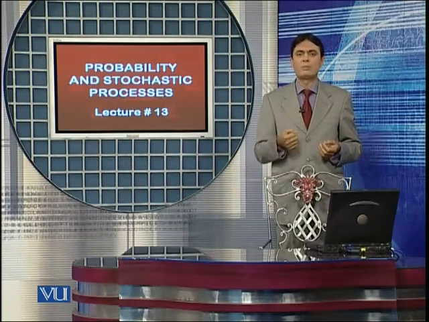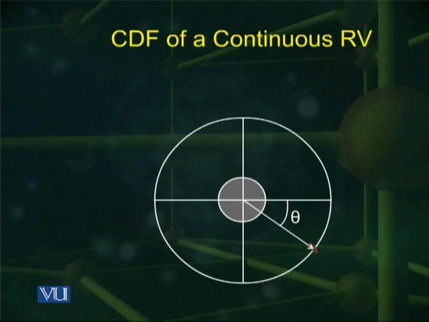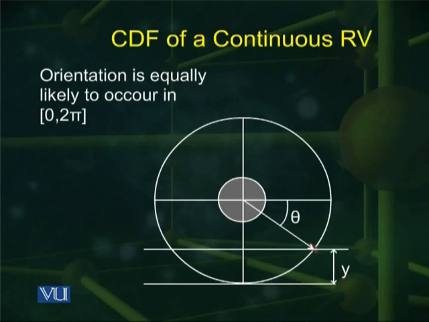Let's analyze the problem we mentioned at the beginning of the lecture, that is, the behavior of the random variable which represents the height of the nozzle from the lowest possible point. We are going to analyze this as a mapping between one random variable and the other. The random variable x, which was previously represented by theta, is the angular orientation, and random variable y is the height of the nozzle from the lowest possible point.